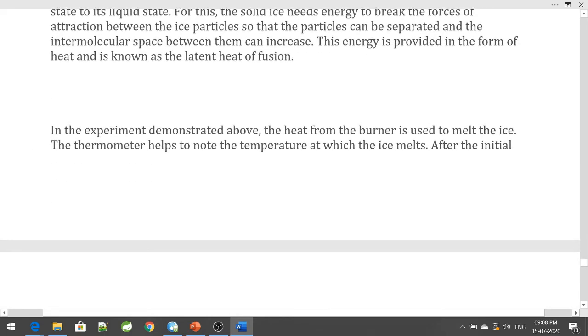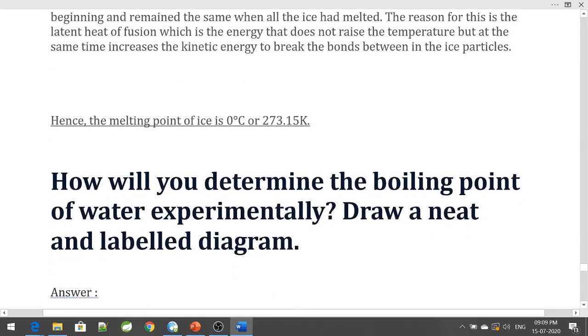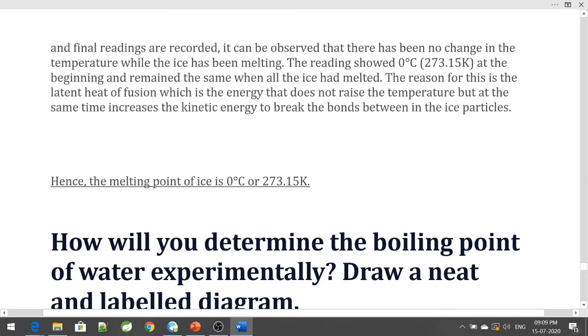In the experiment demonstrated above, the heat from the burner is used to melt the ice. The thermometer helps to note the temperature at which the ice melts after the initial state. Hence the melting point of ice is 0 degrees centigrade or 273.15 Kelvin. In centigrade we write like this, and in Kelvin we write 273.15 Kelvin.